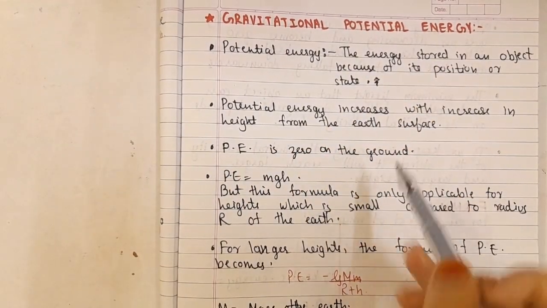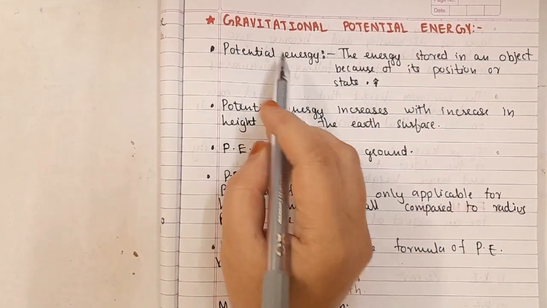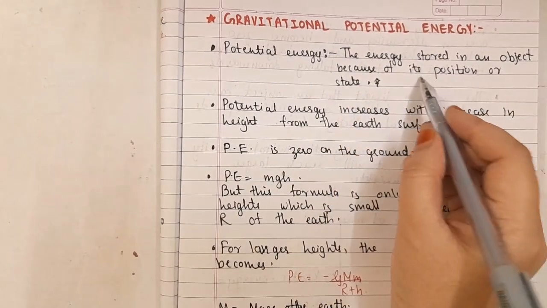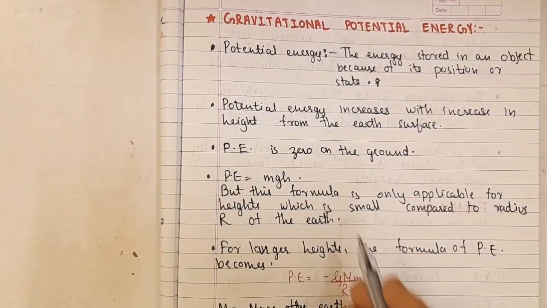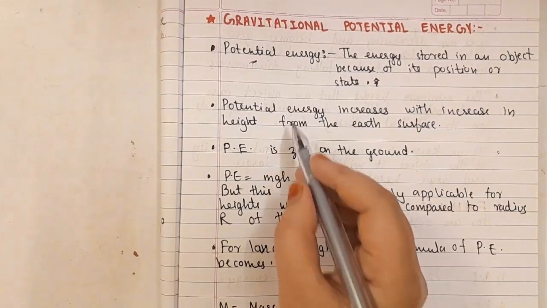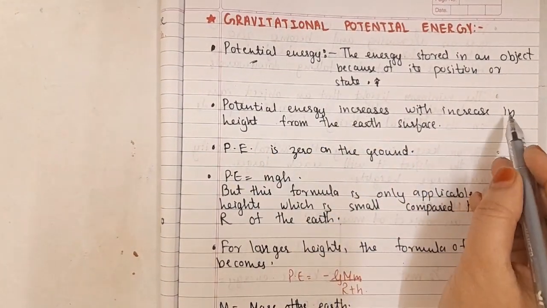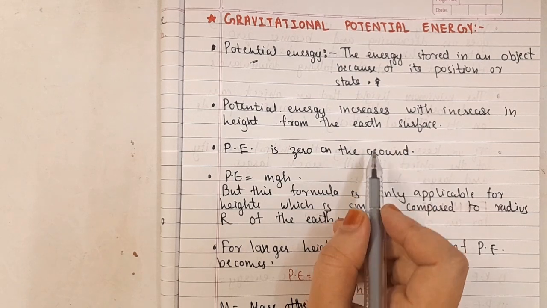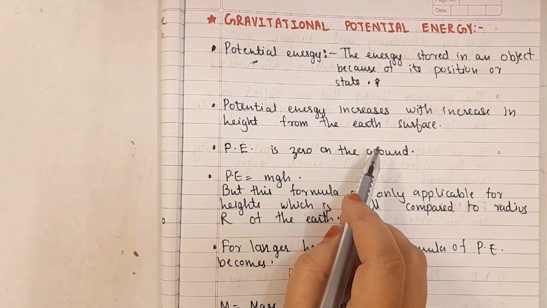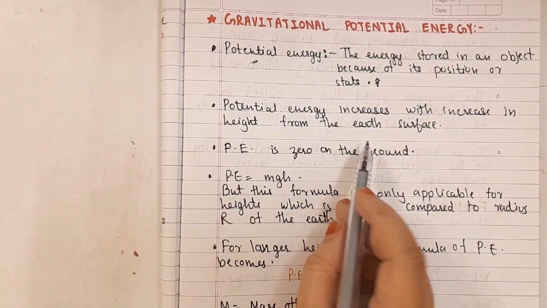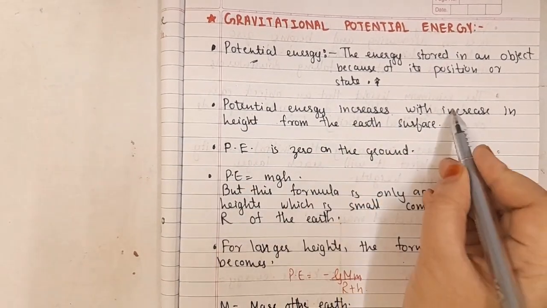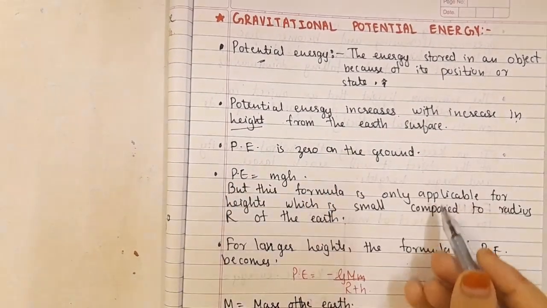Now students, we know potential energy. What is this? Potential energy is the energy stored in an object because of its position or state. So this is potential energy, okay. Now potential energy increases with increase in height from the earth's surface.